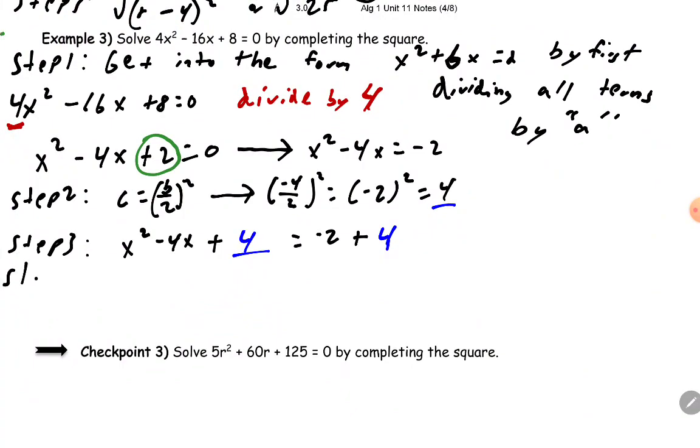Alright, and then in step 4, we're going to factor the left side into x plus b divided by 2. b divided by 2 is negative 2. So quantity squared. And then the right side is negative 2 plus 4, which is positive 2.